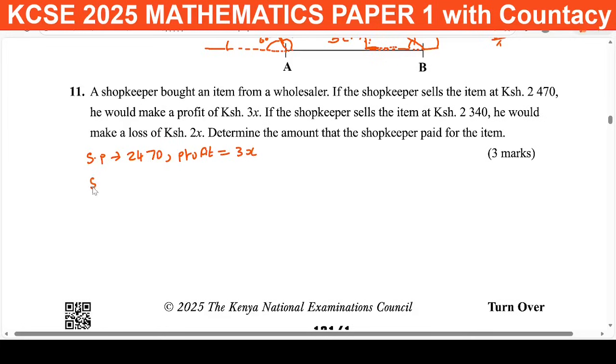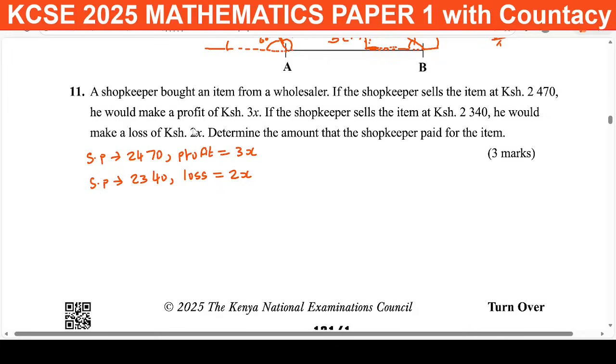But if the selling price, in accordance to the question, is 23.40, oh, the shopkeeper would make a loss. This is quite unfortunate. Would make a loss of 2x. I don't know if you guys really sympathize with the shopkeeper, but let's see where this question is leading us to.